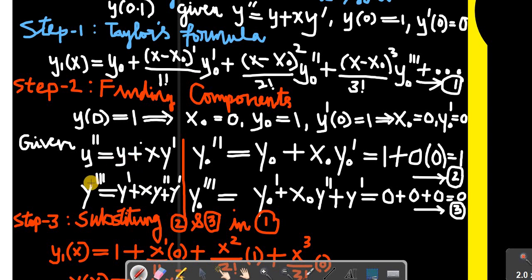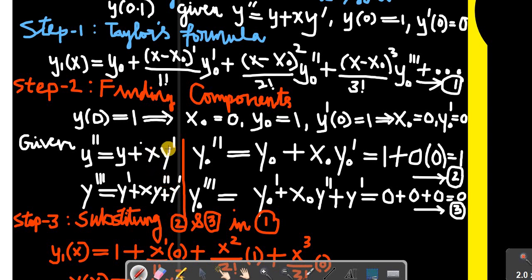Now the third derivative equals, already y is there, so one more y will come there, and therefore you will get y dash plus. Here d by dx of uv method: first keep one constant, differentiate the other, you will get x y double dash plus.